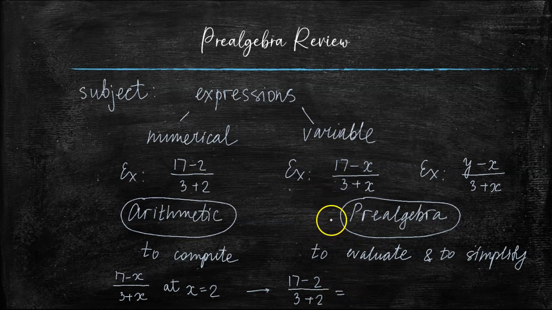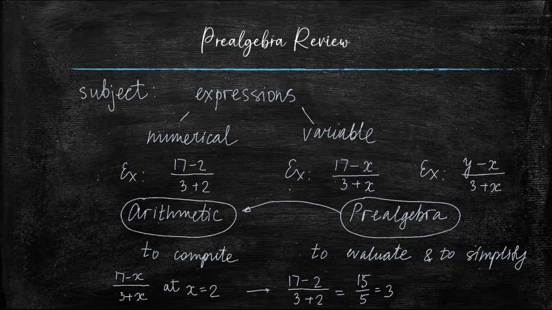We're immediately taken from Prealgebra back to arithmetic. So to evaluate means to replace the variable with the value and to compute the numerical expression that results from that substitution. So the answer here is always just a number, and in this case it's the number 3.